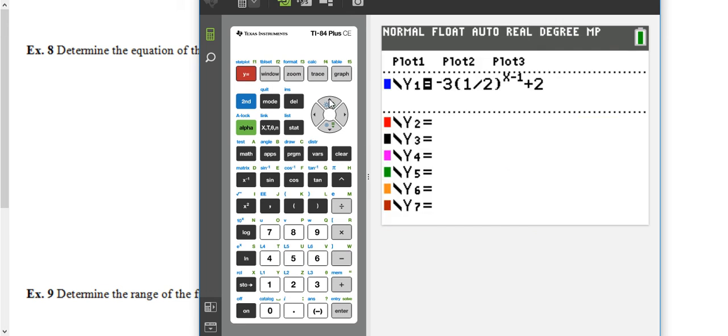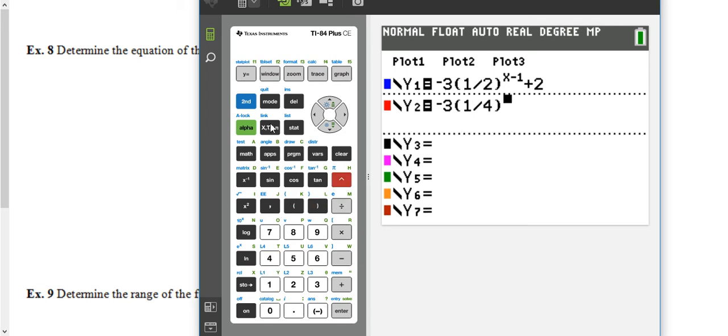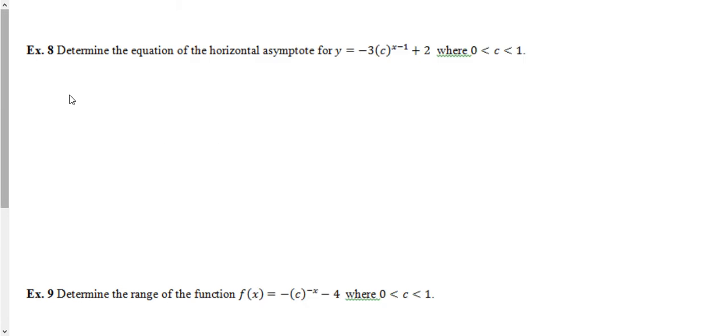Again, you can test a few different ones if you really want to. So if I had 1/4, because that's a quarter and that's a good one to use, x minus 1 plus 2, let's compare graphs, let's see what's happening. And there we go. So we have both graphs, they're both curving away at y equals 2 there, so we definitely have a horizontal asymptote to work with, and that's pretty much it. So it says determine the equation of the horizontal asymptote.